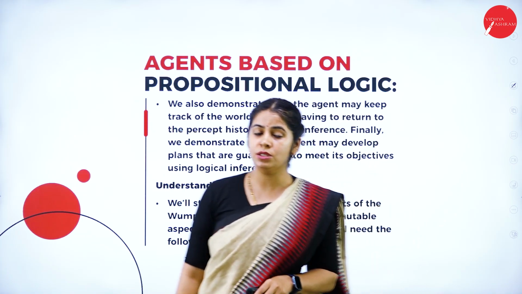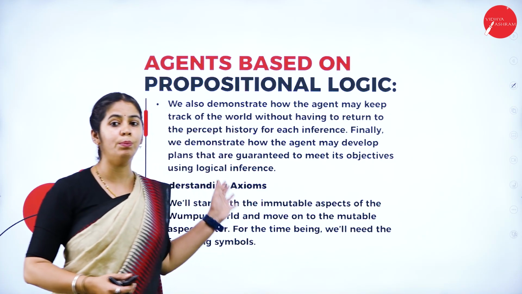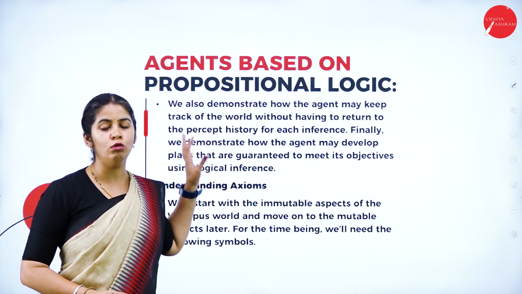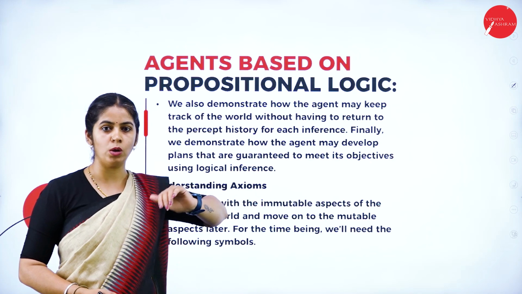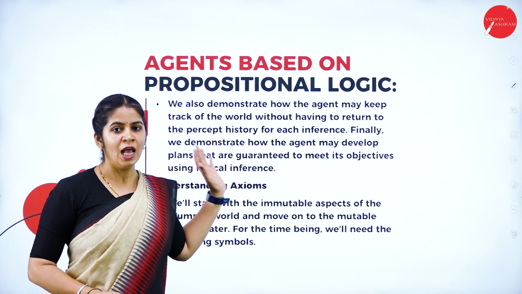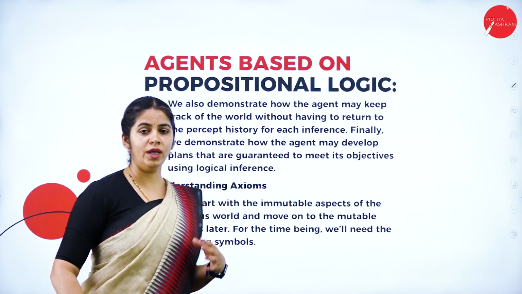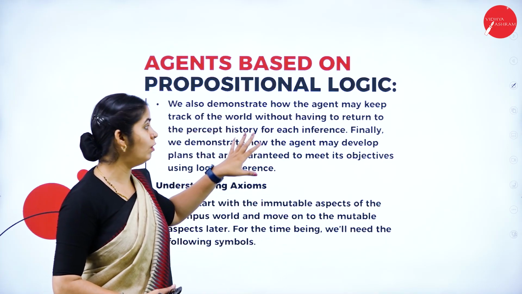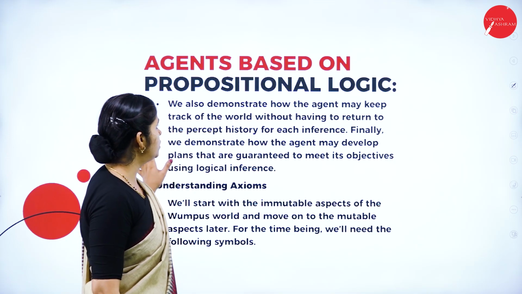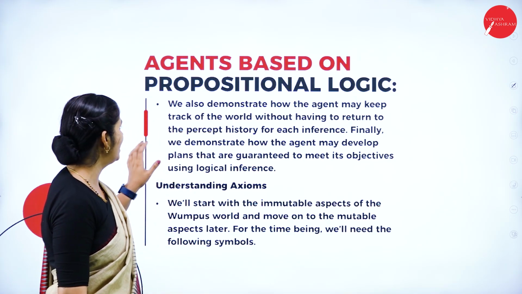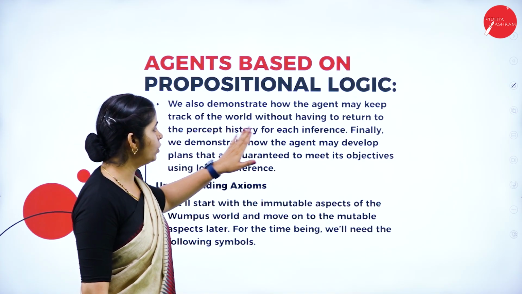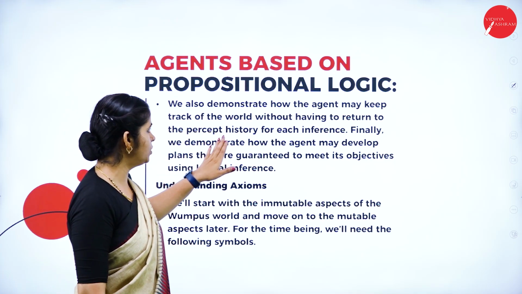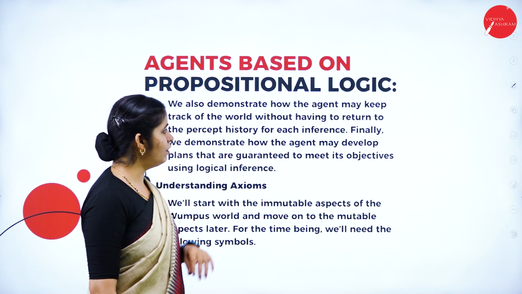Now, for the agent based on propositional logic, how can we put the same solution in propositional logic, which we discussed in the last class or last session. Whatever solution we got for the wumpus world problem, we are putting in the form of propositional logic. We also demonstrate how the agent may keep track of the world without having to write the percept history for each inference.